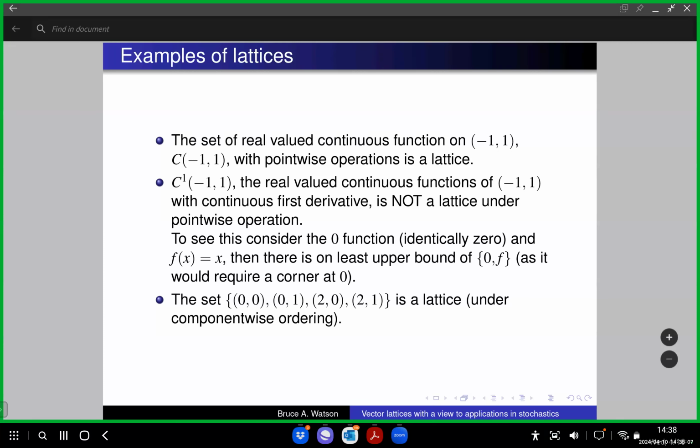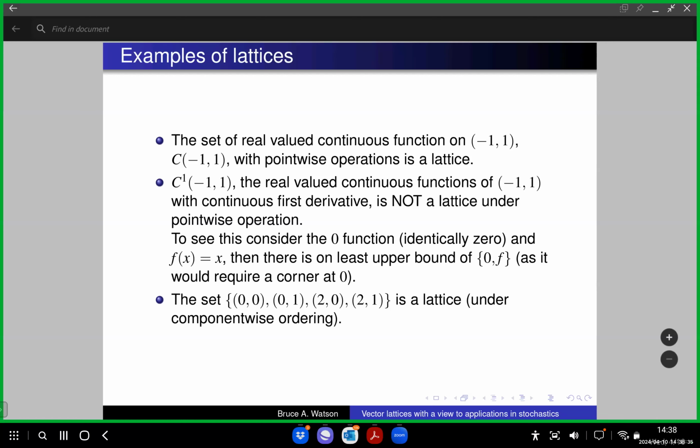And a simple computational example now, consider the set of 4 vectors (0, 0), (0, 1), (2, 0), and (2, 1). This is a lattice under component-wise ordering, because we can take the supremum of (0, 0) with (0, 1), and we get (0, 1). We can take the supremum of (0, 1) with (2, 0), and we get (2, 1).